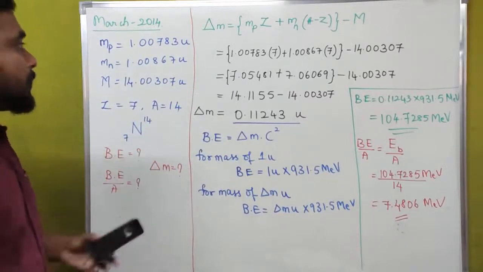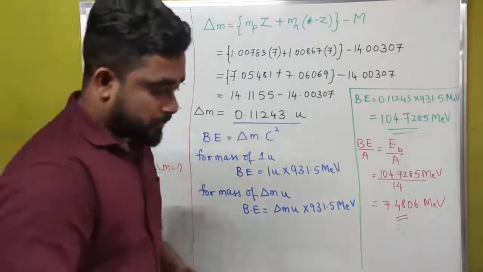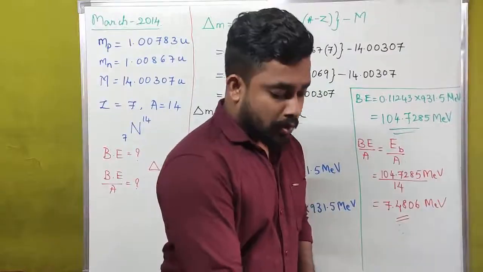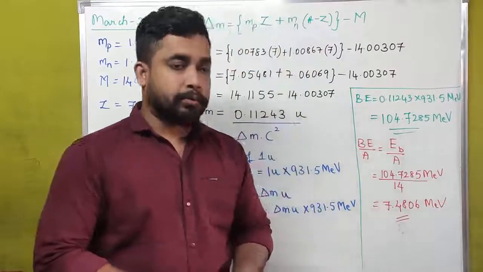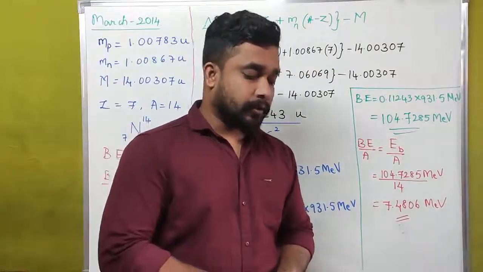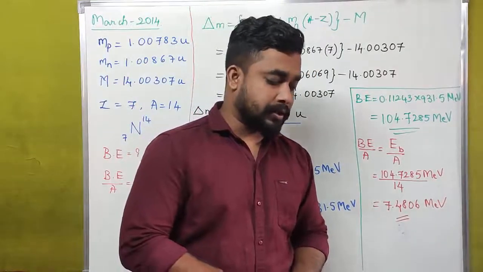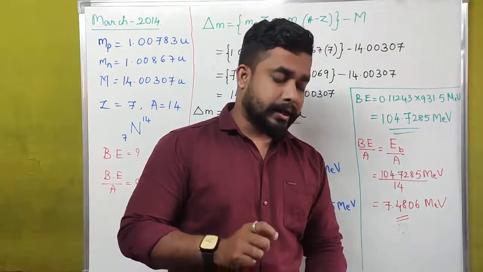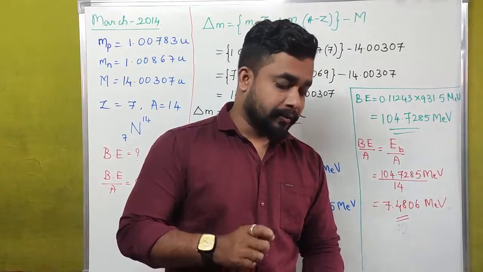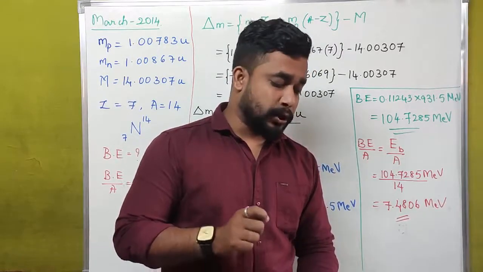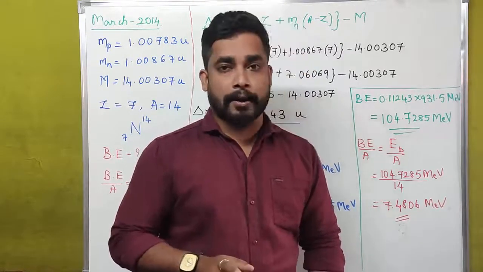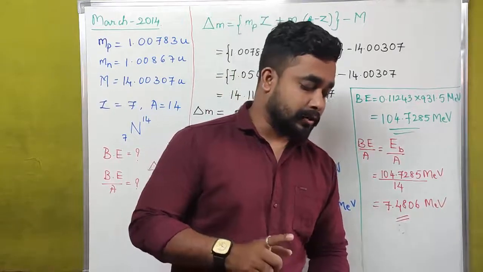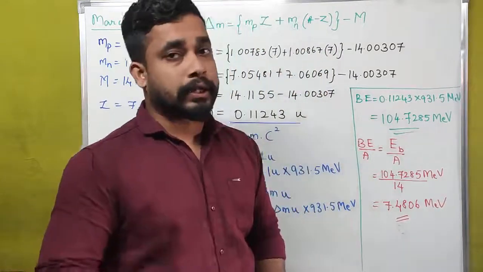Okay. And the next problem is, when a neutron bombards uranium-235, the fission fragments released are barium-141 and krypton-92. Find the radii of the nuclei of these two fragments, where the given constant is R0 equal to 1.3 Fermi.